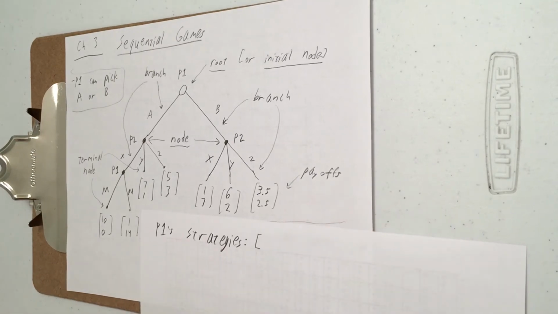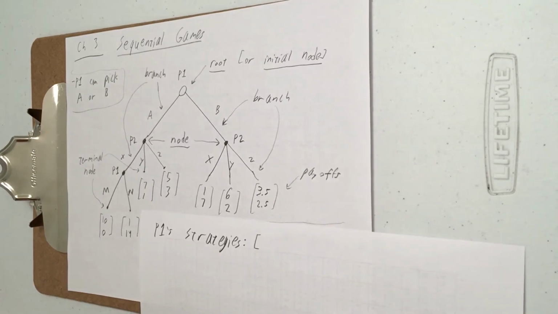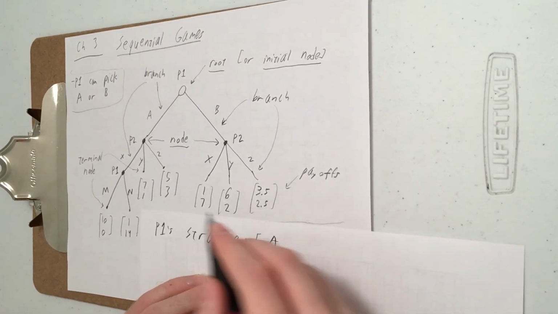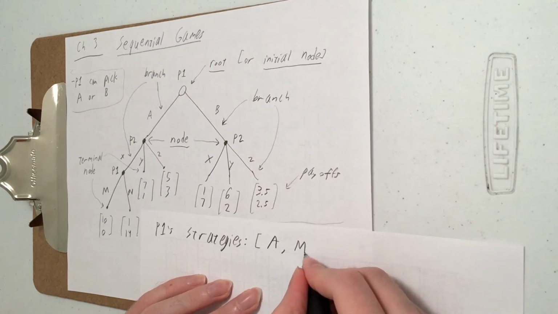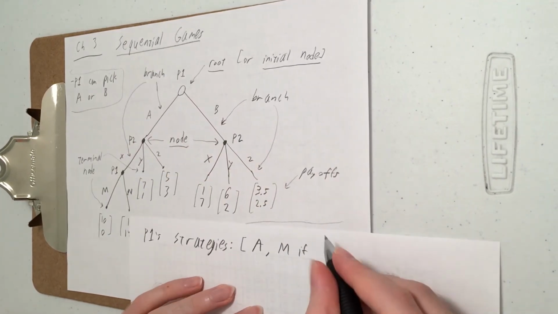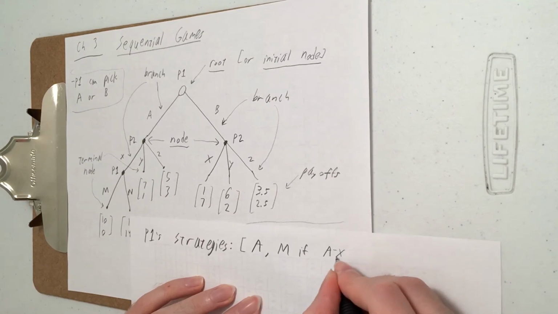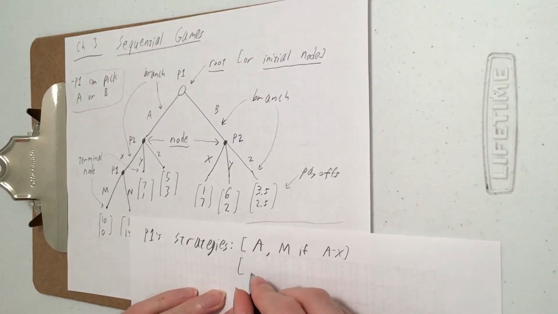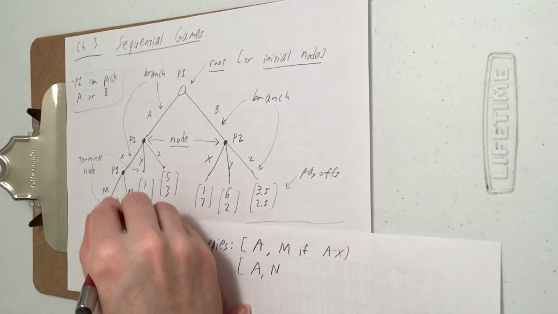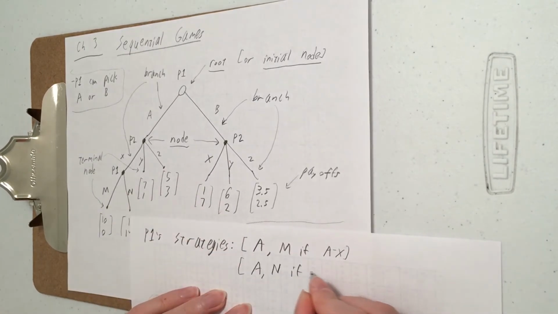Same idea of we want to go through it systematically to make sure you exhaust all the possibilities. So there is A, and then M if AX. There's A, and there's also N, the other possibility, if AX.